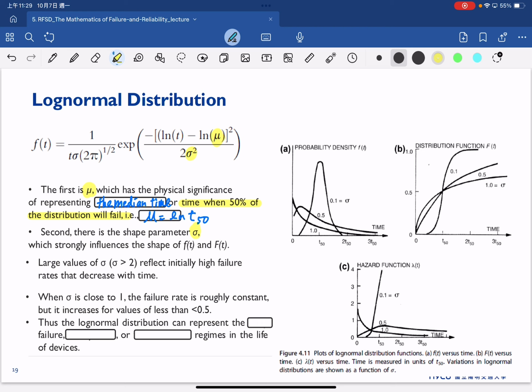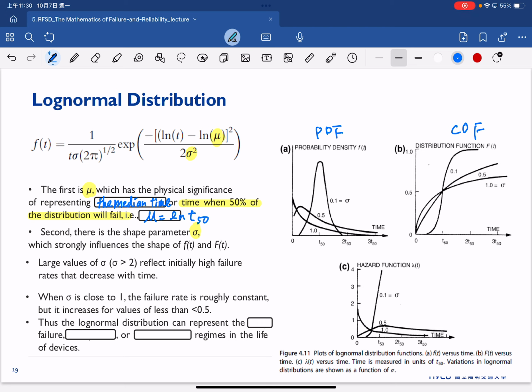So if we plug in this PDF, the different sigma, the shape parameter, will influence the shape of this PDF and also will influence the CDF as shown here.